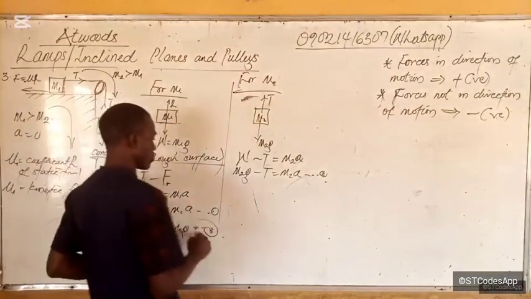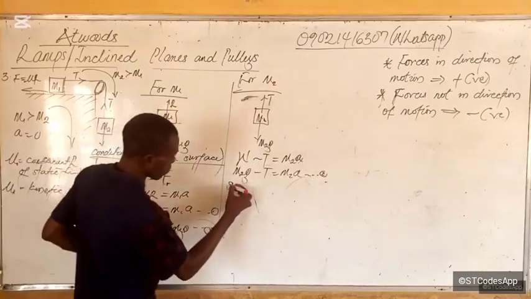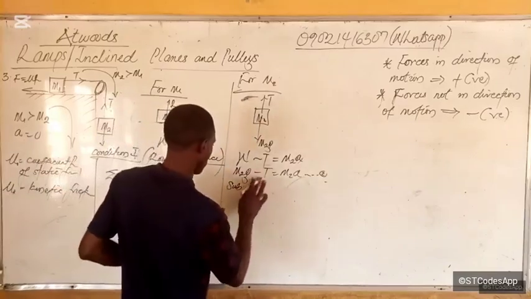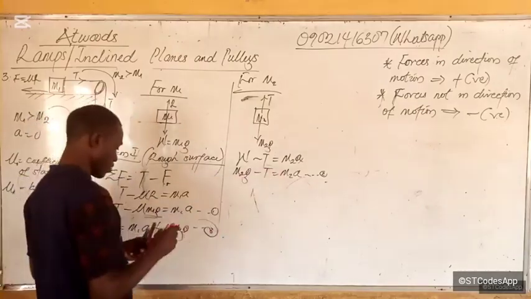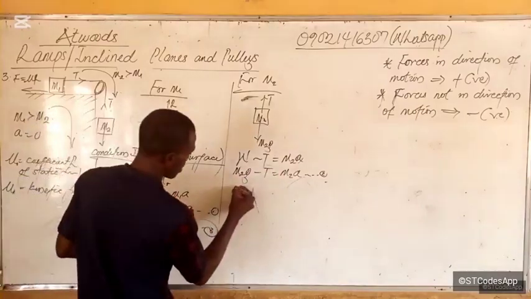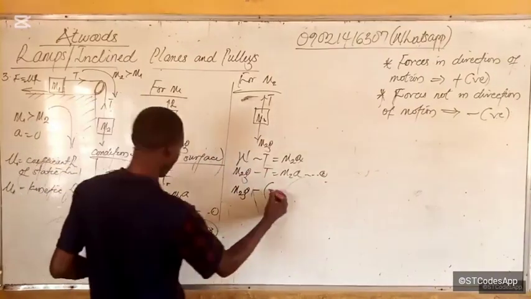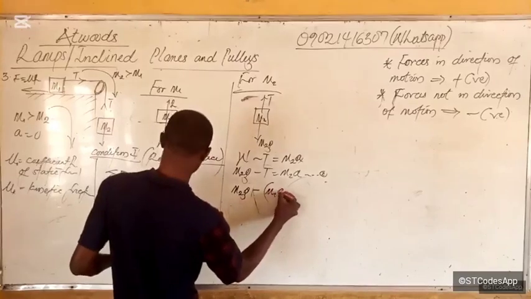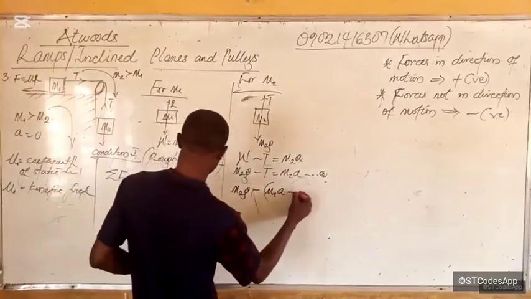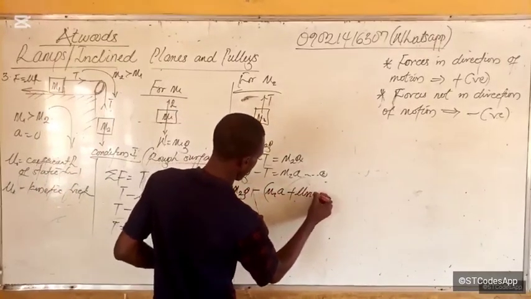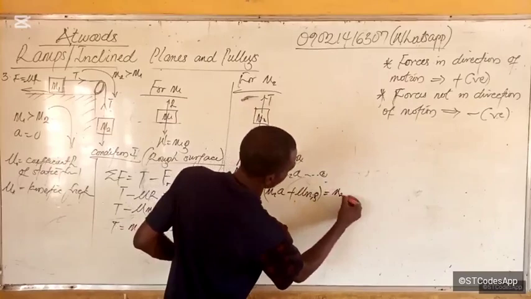So we now substitute equation 3 into 2 for T. Just plug this entire thing into this equation in place of T. So what you have will be M2G minus all of this, because it's an expression, then plus mu M1G, so it's equal to M2A.